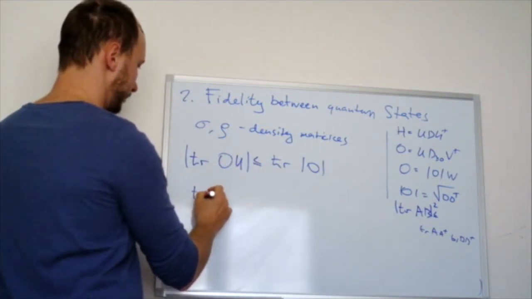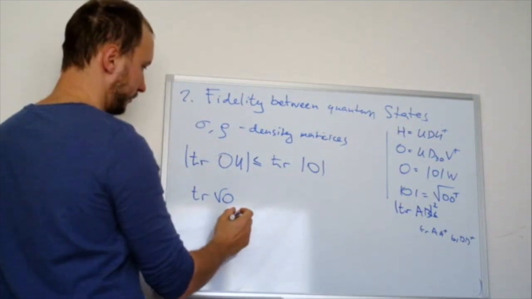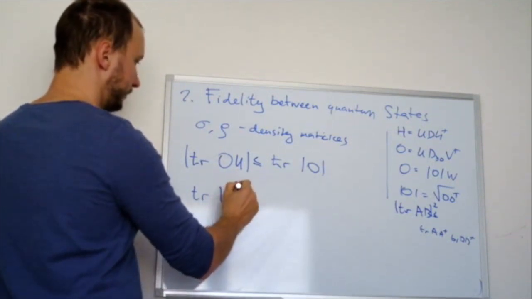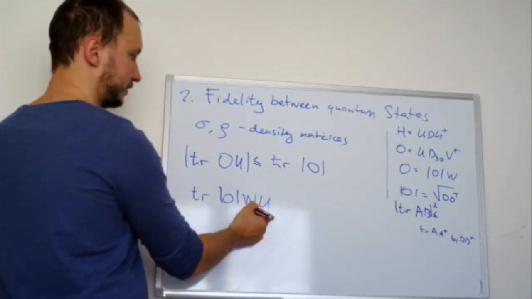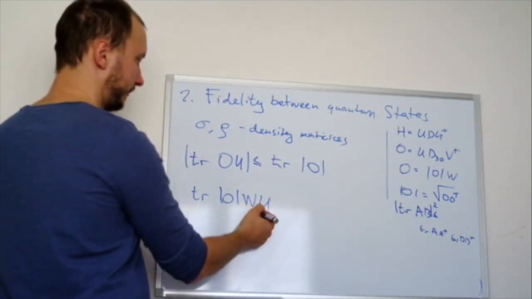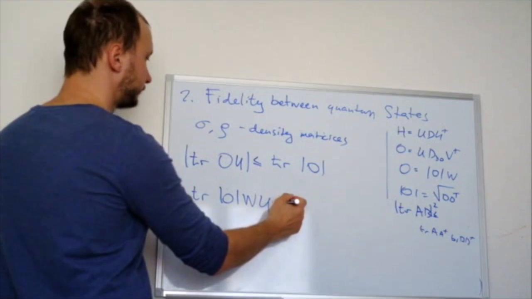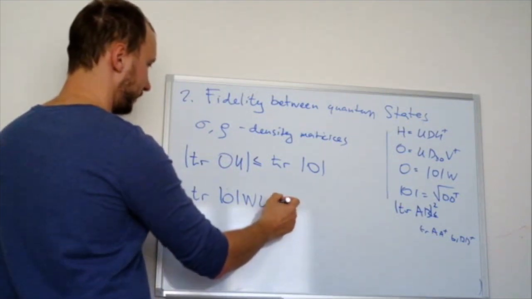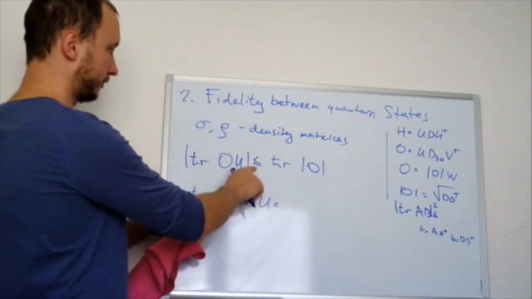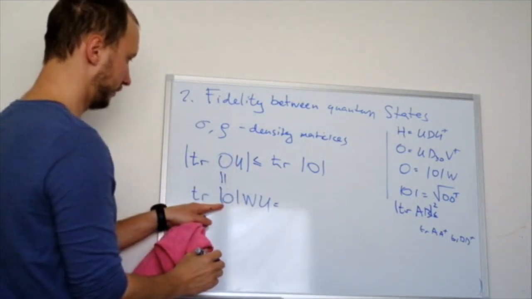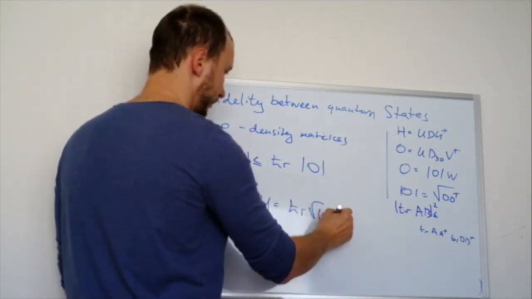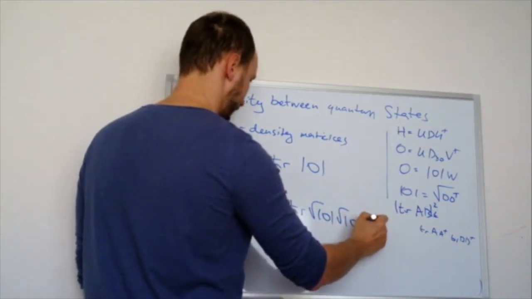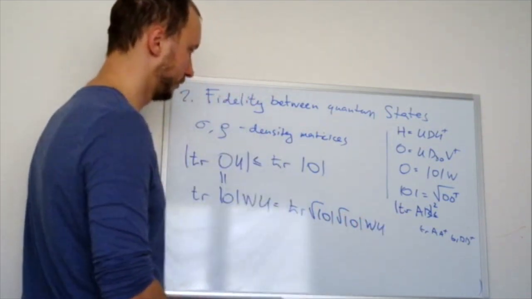We just get trace of square root of O. So right, this guy W is unitary, so let's just define this as a new unitary. Okay, let's do it again. So this is what we want. This is what we have here. Again, decompose it as a square root times the square root. So this is trace of square root of O, square root of O times WU.